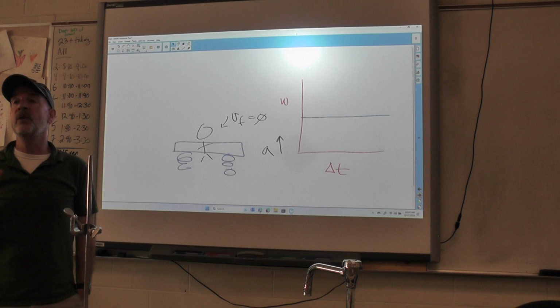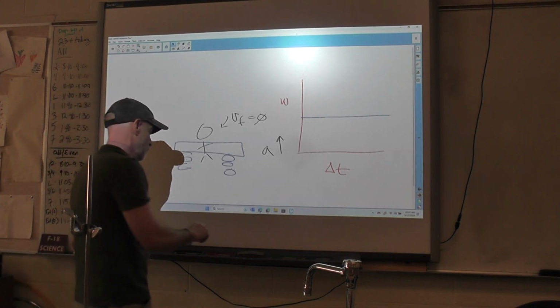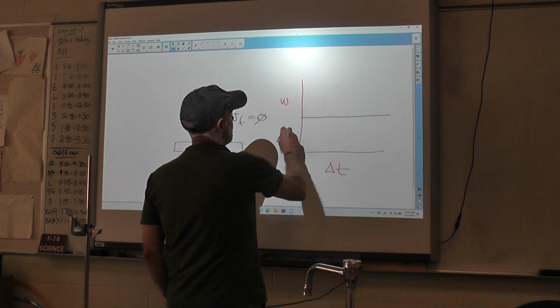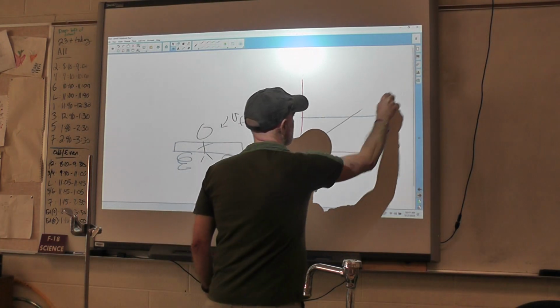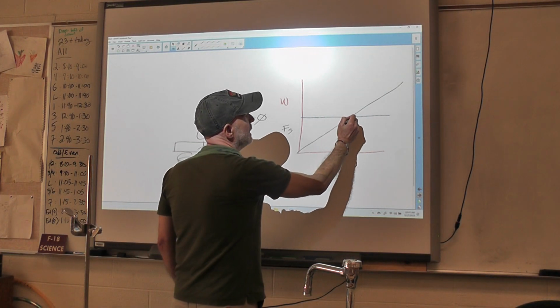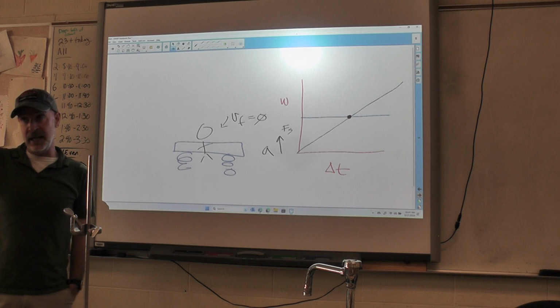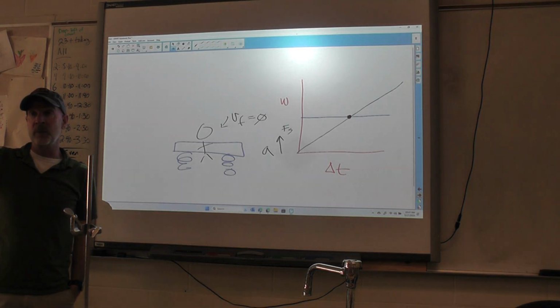If you were to look at the force from the spring pushing up on you over time, what you would see is this. At this moment, right here, you are instantaneously in equilibrium. Your acceleration is 0, but you're still moving down.